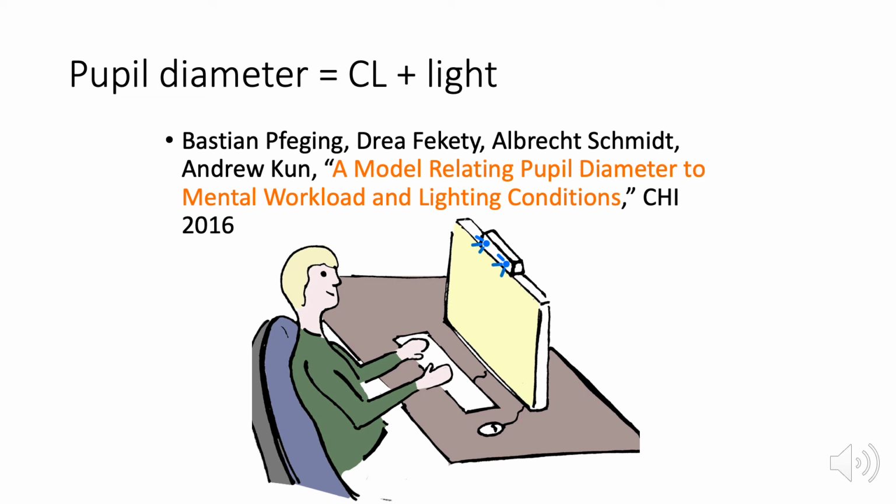So now if you can combine your understanding of where they're looking and how bright that area is, then in principle you could start modeling how the pupil should respond to the person looking at the bright or the dark parts of that screen. And then if there are any additional changes, well, that's probably because of changes in cognitive load.